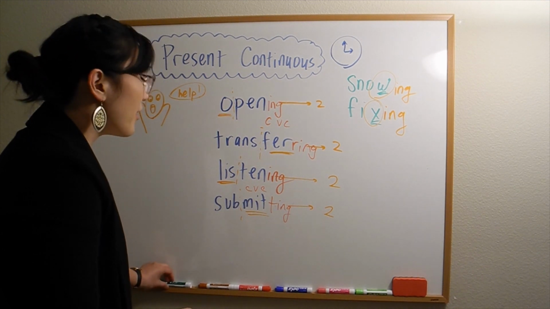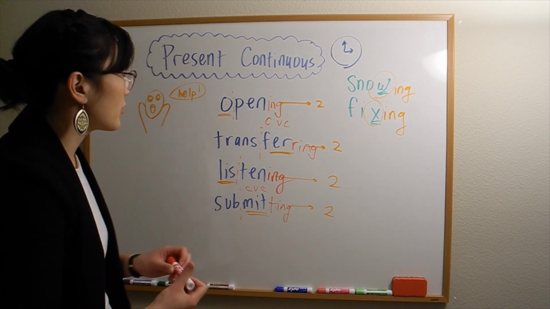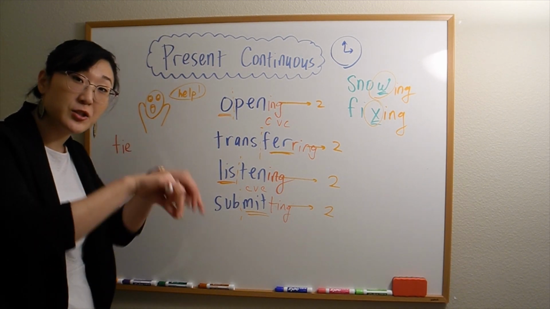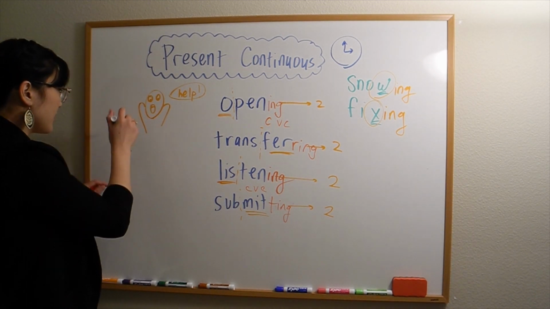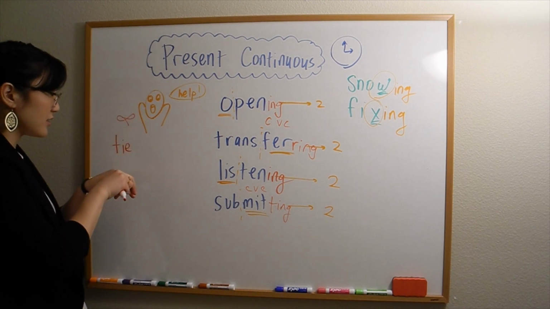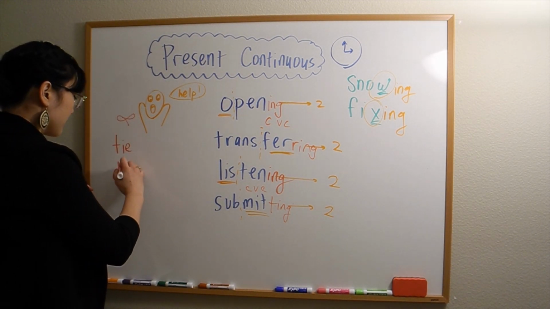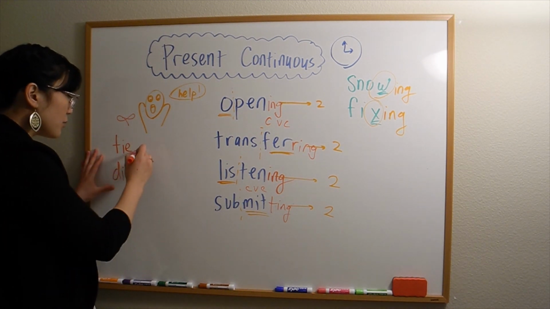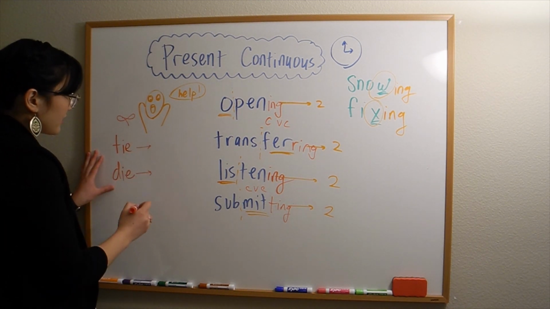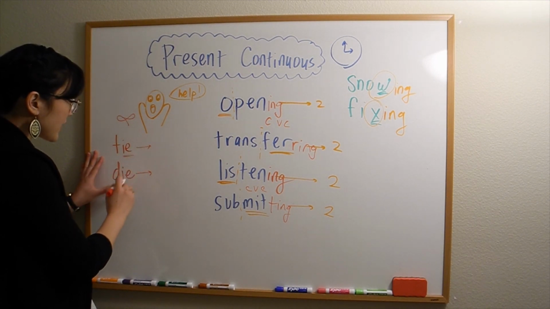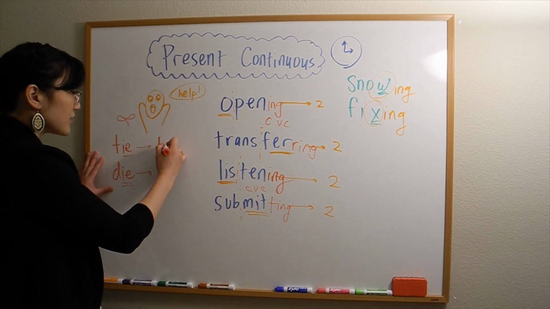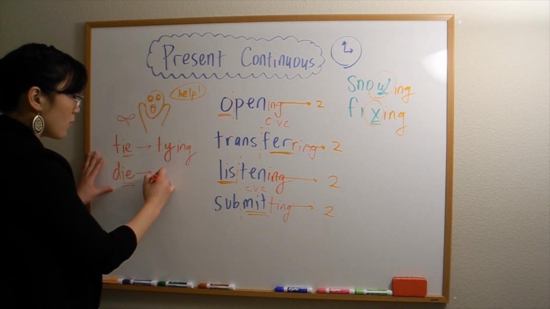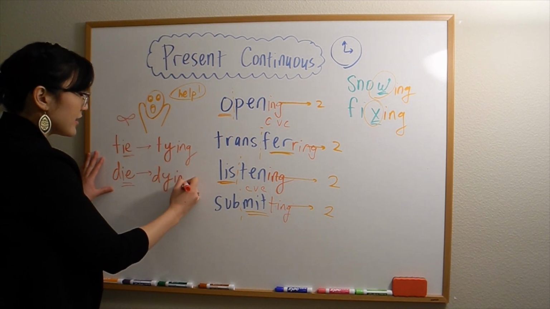Now, there are other exceptions. For example, the word tie. If you tie your shoes, right? Like you tie your shoes. Or die, right? These examples are interesting because we take this and we change it to a Y. Tying or dyeing.